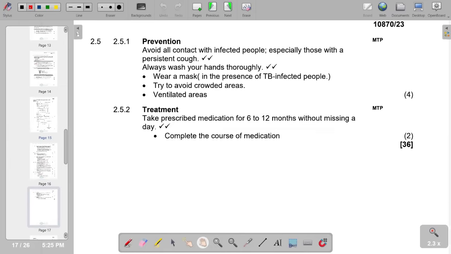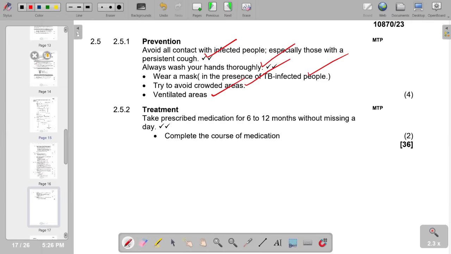So these are the measures. Avoid all contact with infected people, especially those with a persistent cough. Always wash your hands thoroughly. It's another precaution. Wear a mask in the presence of TB infected people. Try to avoid crowded areas. Also, always try to be in ventilated areas. So this is what we have on that part.